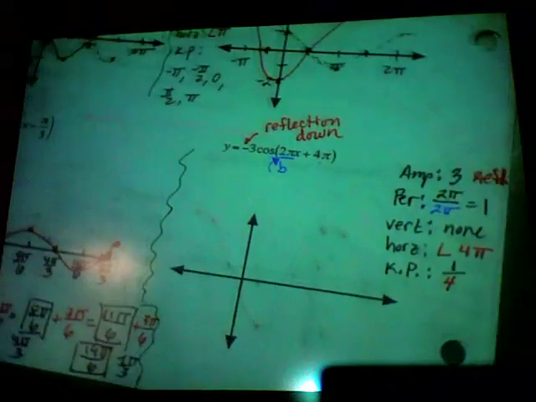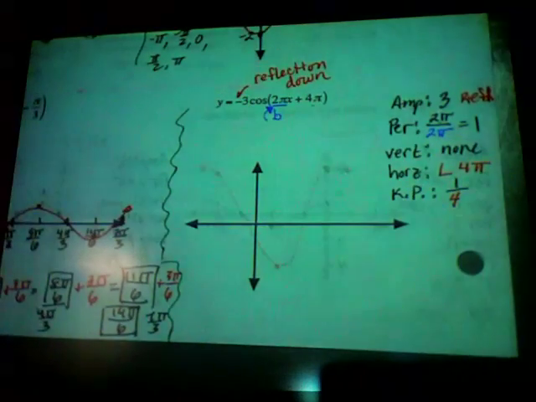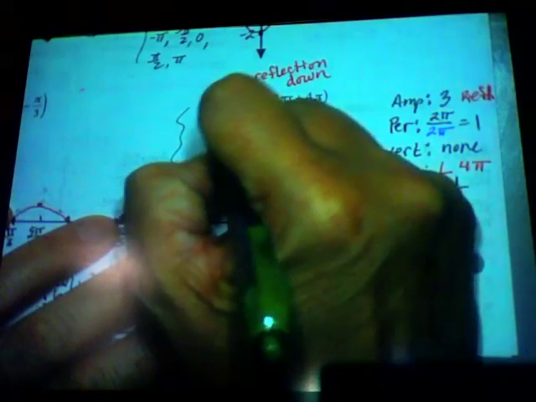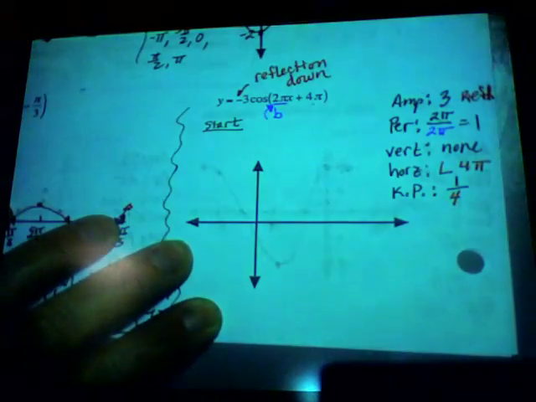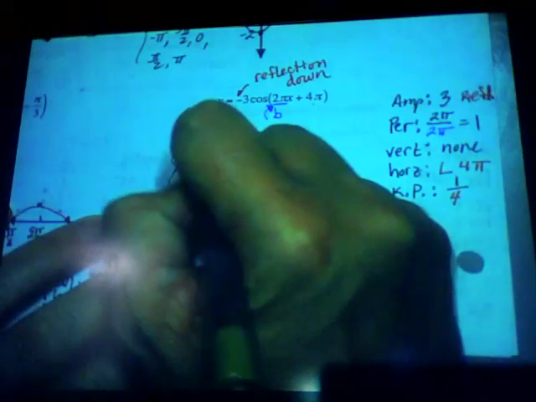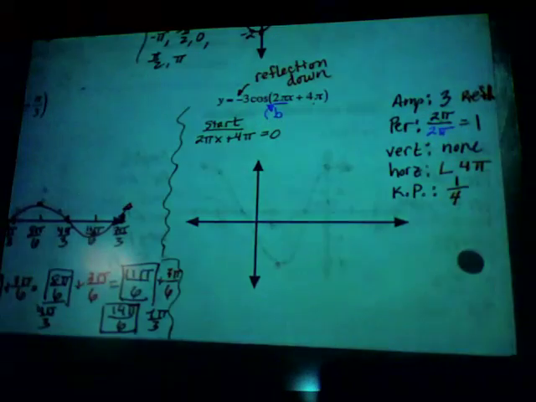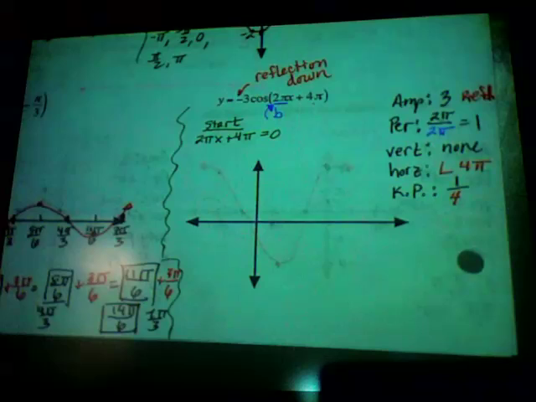Whoops, let me move this out of the way. Okay, so this time we're going to take our start. Take what's in parentheses, 2 pi x plus 4 pi, and set it equal to your normal start, which is 0. We need to solve for x. What do we do first?